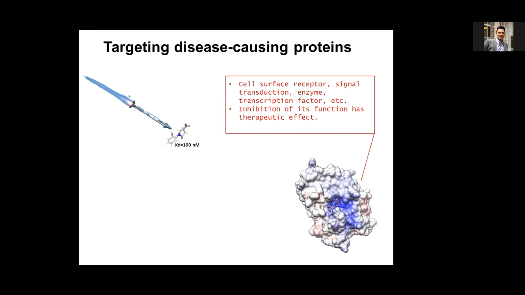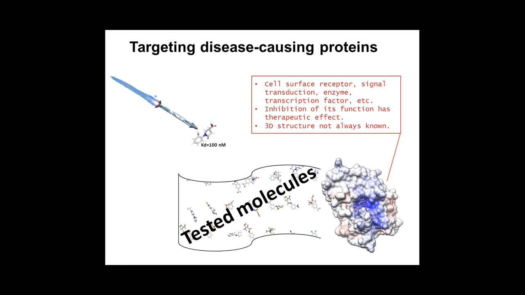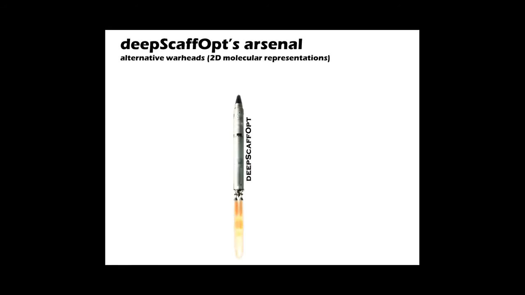So we usually in drug discovery use the phrase targeting a disease-causing protein. As an analogy to warfare technology, you can imagine our weapon, which is the small molecule, as a missile targeting our target, which is a protein, which can be a cell surface receptor, a signal transduction enzyme, transcription factor, etc. But in all cases, inhibition of its function has therapeutic effect.